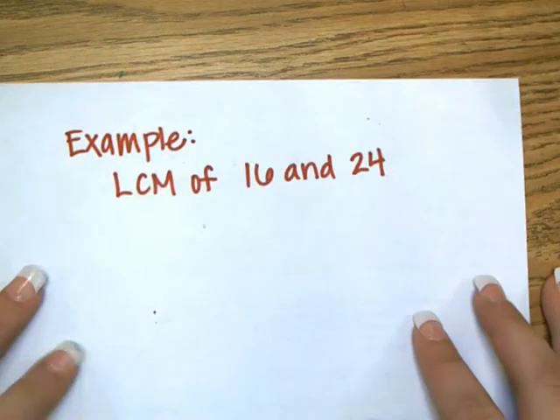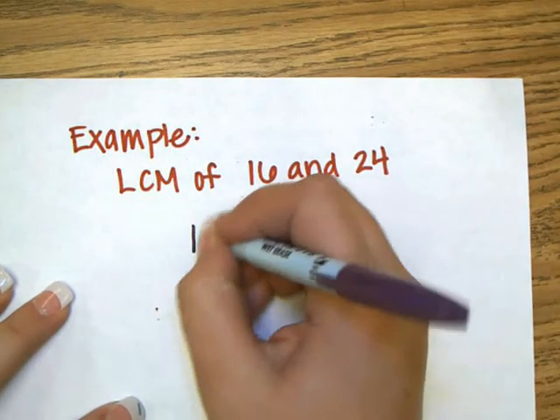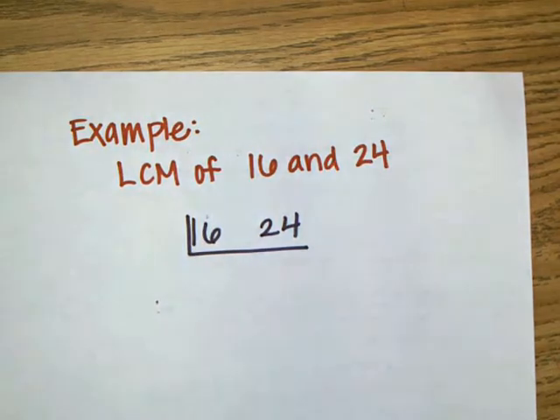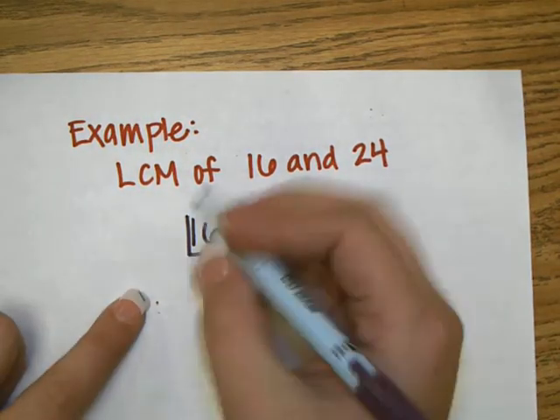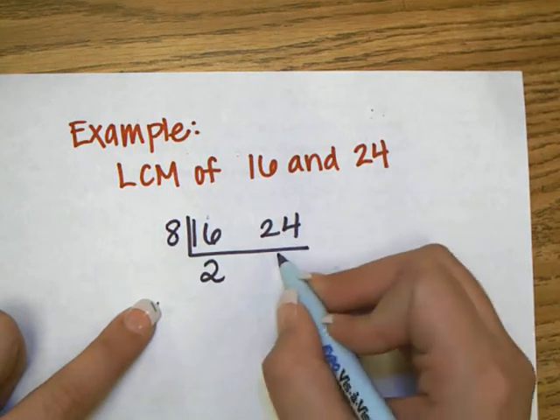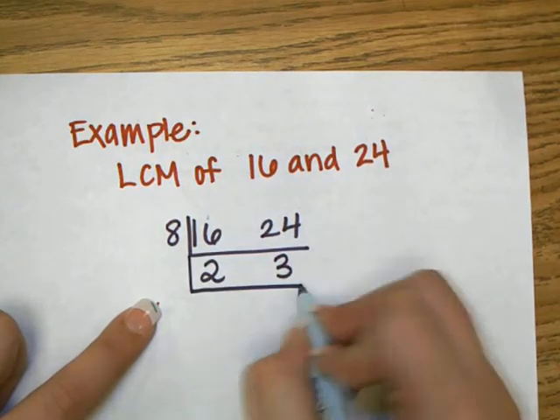Let's take another example here. 16 and 24. Put an L. First number that I think of that goes into 16 and 24 is 8. 8 goes into 16 twice, and 8 goes into 24 3 times.